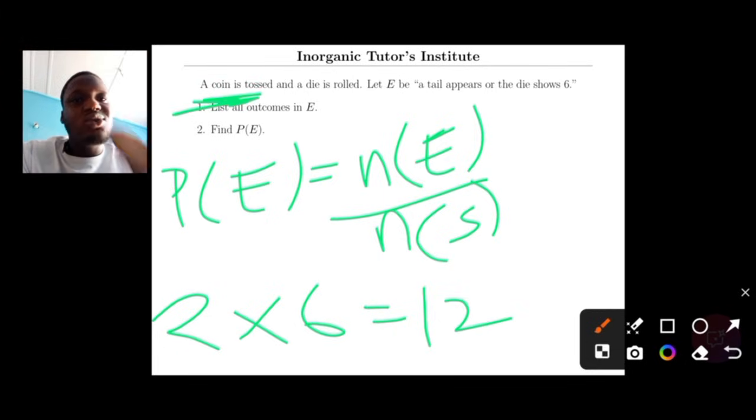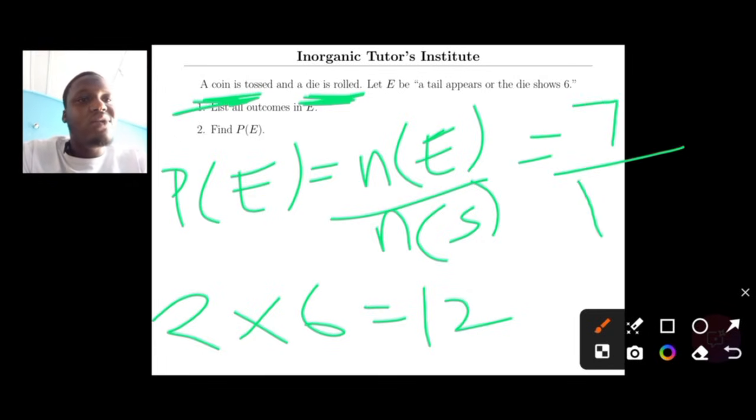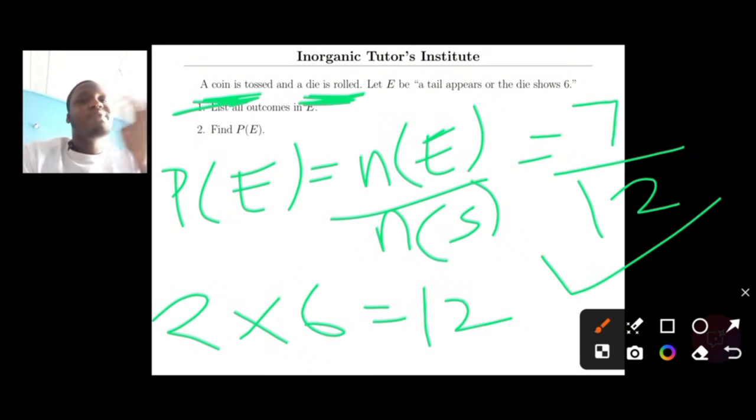The coin has 2 outcomes multiplied by the 6 outcomes from the die. So the probability of E is the 7 that we had over 12.